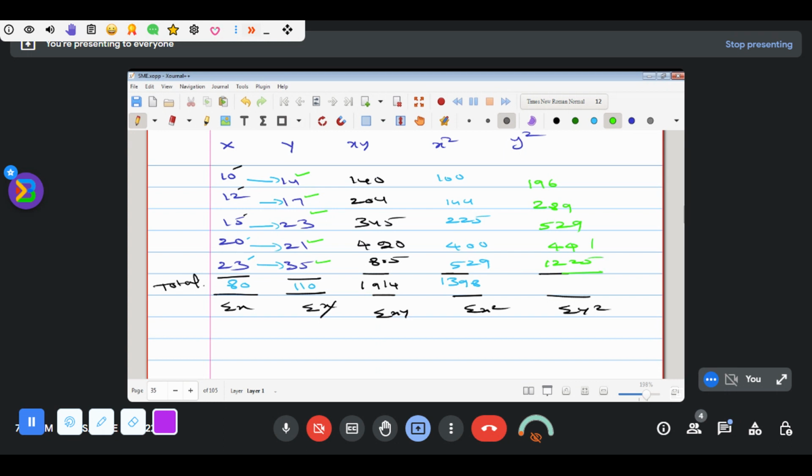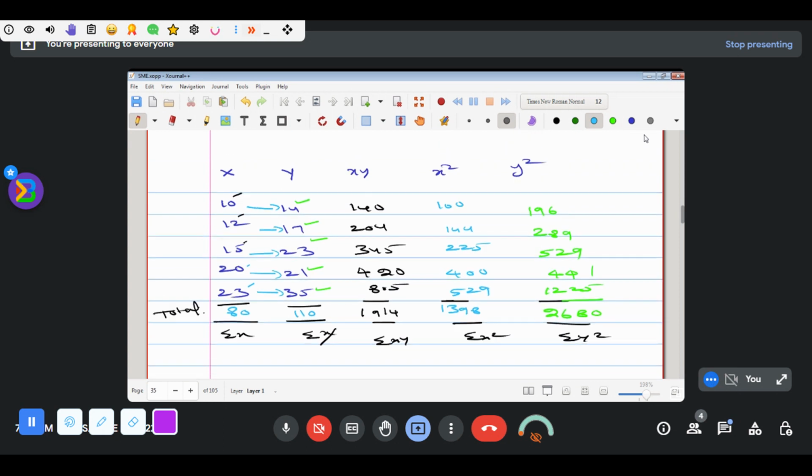What is the end summation? The summation result is 2680. Please check it using a calculator and complete this work.